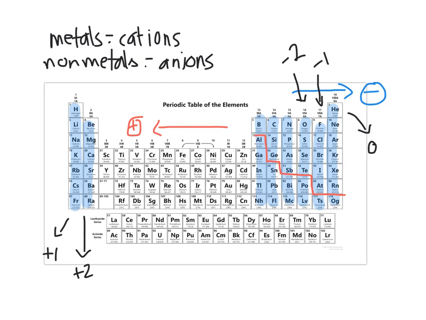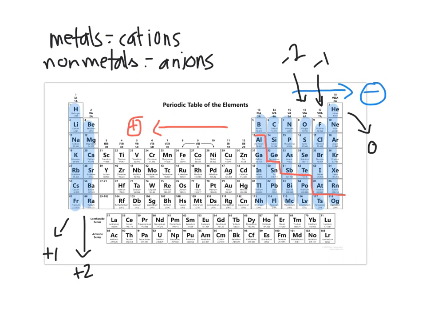The dividing line for the metals versus nonmetals kind of cuts groups 13, 14, and 15 in half, and so it's a little bit variable what ions those groups might make, but if we look at just the nonmetals, they tend to make negative ions more readily than positive ions, and the metals to the left of the line tend to make positive ions more readily than negative ions.